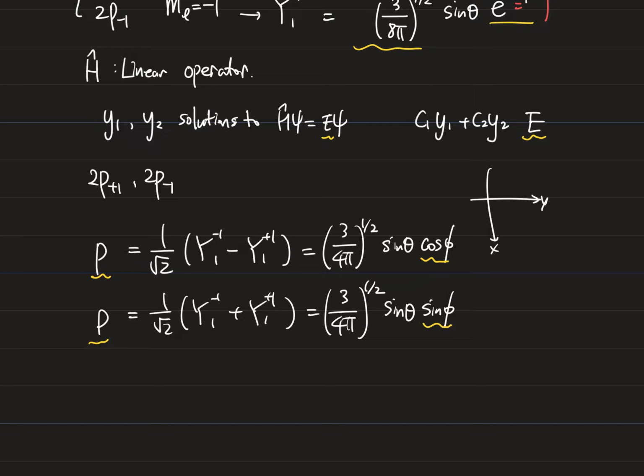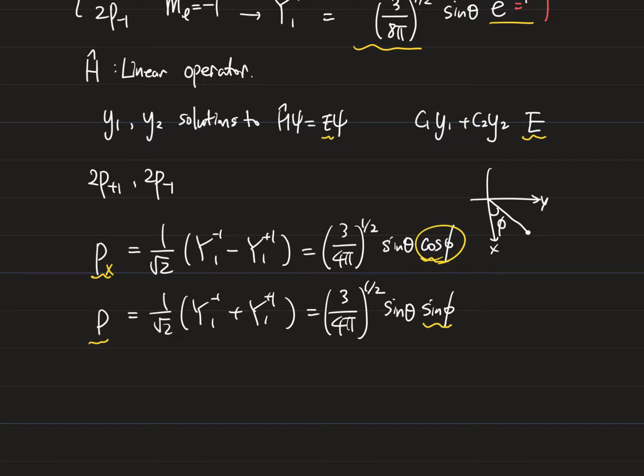So when you project your vector or your wave function on the xy plane, you will have a vector like this, and this is your phi value. Cosine phi means it is the projection on the x-axis. That's why we label this orbital as px. This orbital is lined along the x-axis.